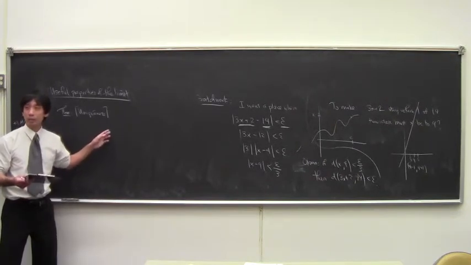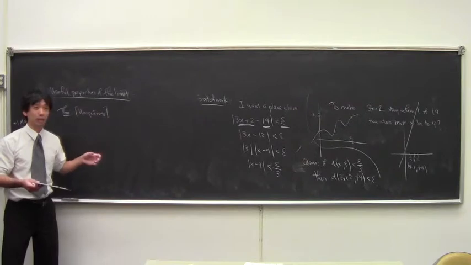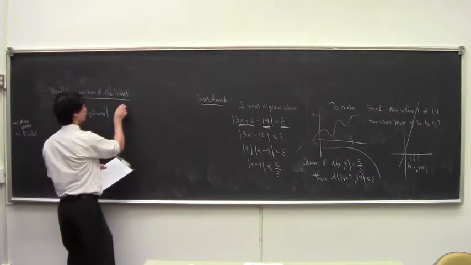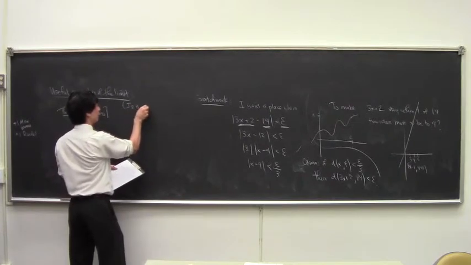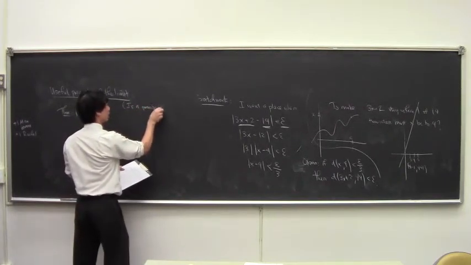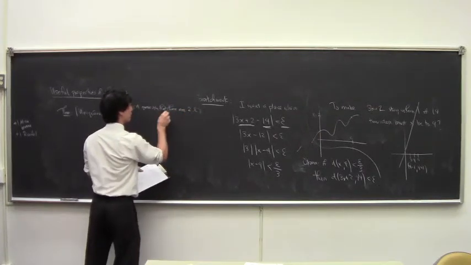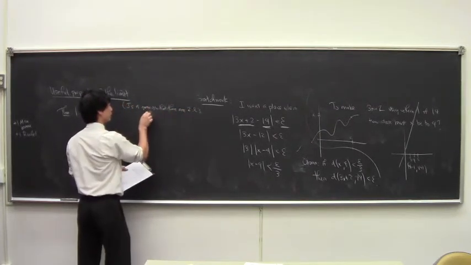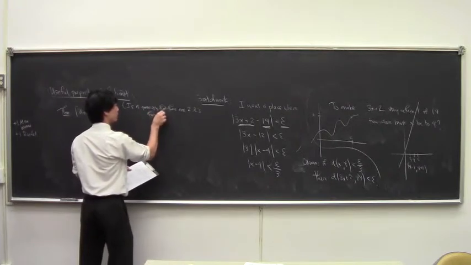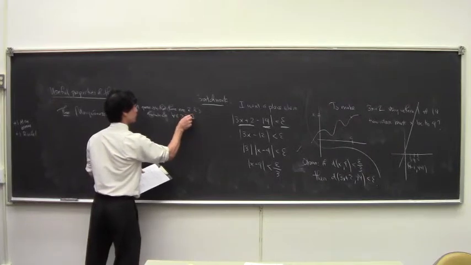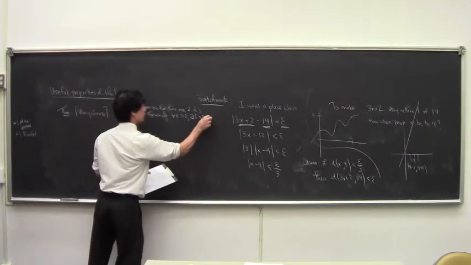With our definition, is it possible that you and your friends could go into different rooms and come back with two different numbers that work? Is it possible that there are two L's for which, for all epsilon greater than 0, there exists a delta such that blah, blah, blah?